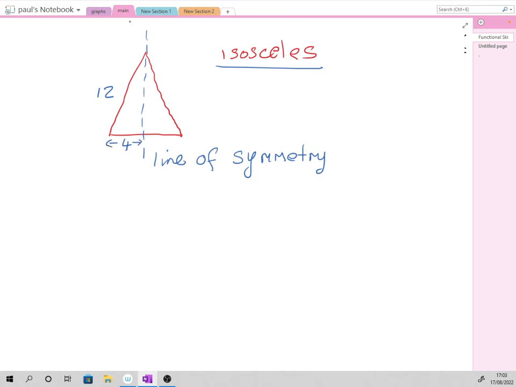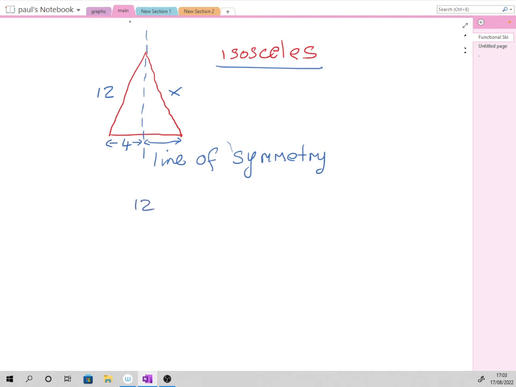Right. So the line of symmetry tells you that this side over here is going to be the same as the one on the left, therefore that's going to be 12, and this little bit here is going to be the same as that bit over there on the left, so that's going to be 4.